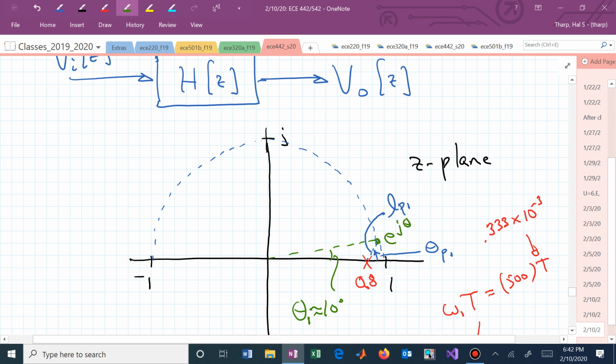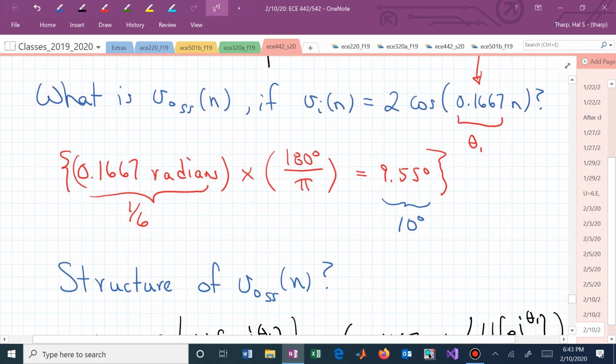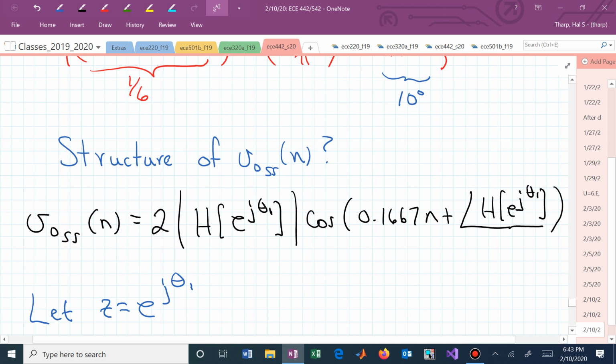That's the value of z that we are evaluating at. And here is our structure.